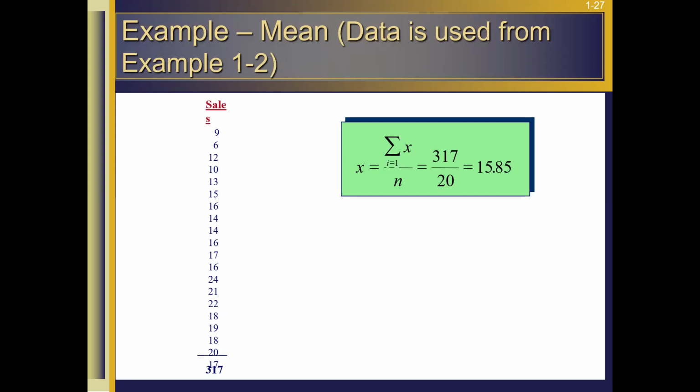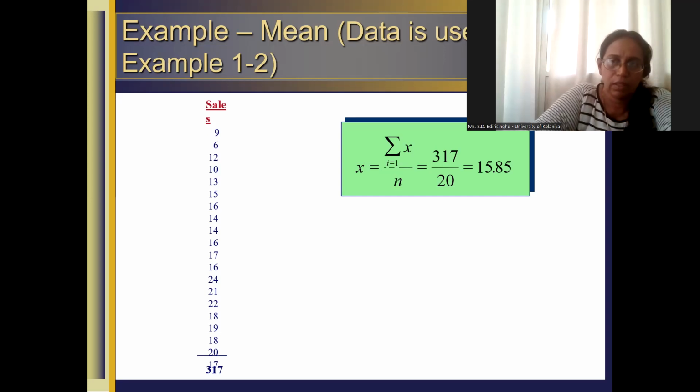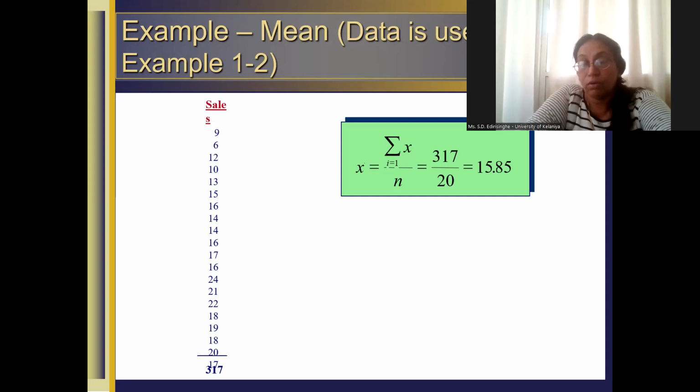If you want to find the mean, no need to sort the values. So that is the thing. Okay, right. If you want to find the median, you need to sort it out. Okay, right.